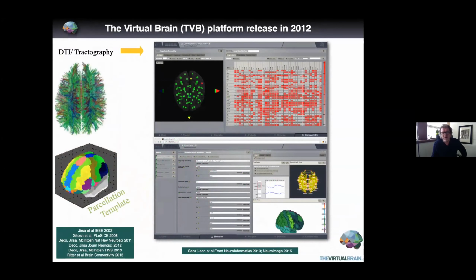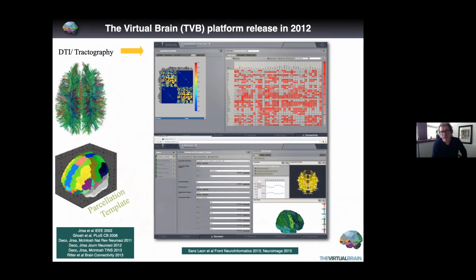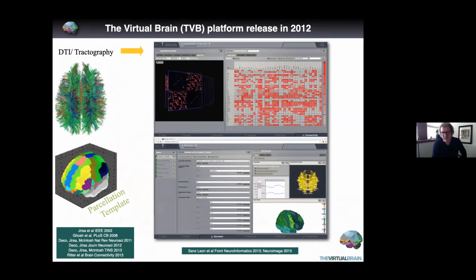There is a platform, Python-based, open source, that allows you to go in the Python notebook, or you can run it from the interface. You can run individual simulations. You can manipulate the connectivity as you see represented here. Below, you can define different mean fields.